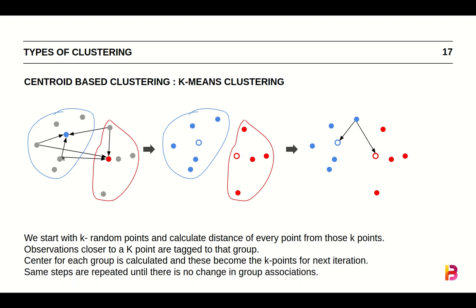Same way, for this observation we calculate the distance to this centroid and this centroid. Because it was closer to this also becomes blue. We do it for this, we calculate the distance to this centroid and to this centroid, it was closer to this, so it becomes blue. However, consider these group of points. So these all points would be closer to this centroid than to this centroid, so these turn red.